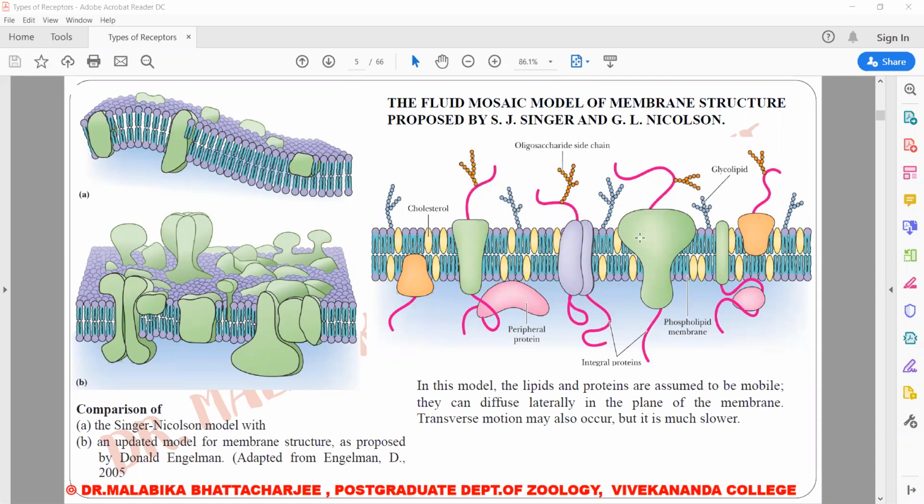In this model, you can also see the presence of oligosaccharide chains. The oligosaccharide chains are either bound to the proteins in the form of glycoproteins or to the lipid in the form of glycolipids. Another point to note is that the membrane has quite a frequent composition of cholesterol present within it.